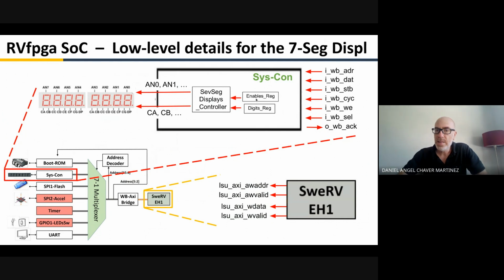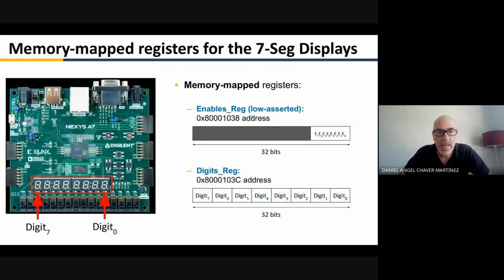You know that the enables register allows us to switch on or off each of the 8 digits. And we know that the digits reg provides the information to show in each of the digits through a 32-bit register where each 4 bits correspond to one different digit.